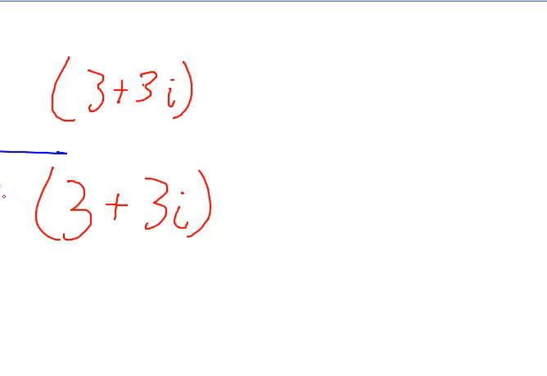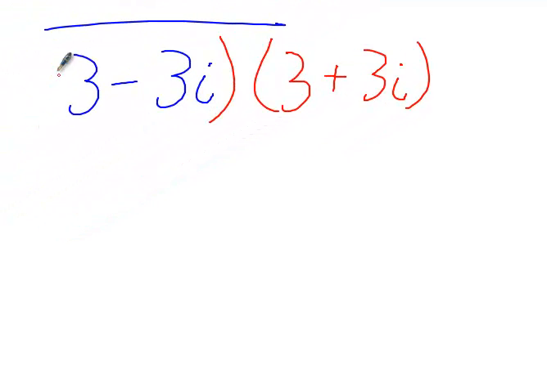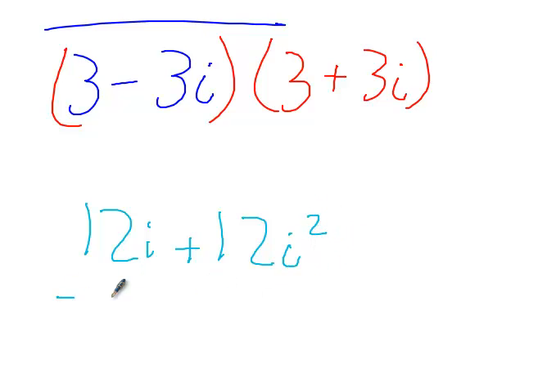Basically, you just keep everything the same, but make the imaginary part the opposite sign. Since it was a minus 3i, it becomes a plus 3i. And you just multiply. So the numerator is going to become 4i times 3 is 12i, plus 4i times 3i is 12i squared, over. We're going to have to FOIL this out.